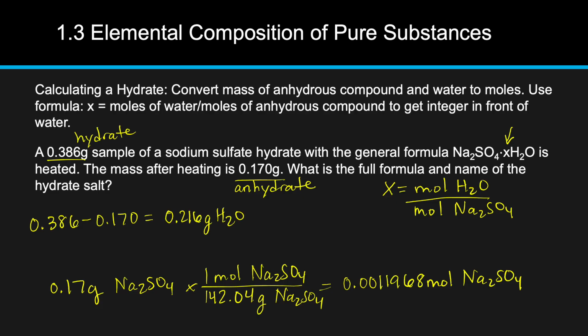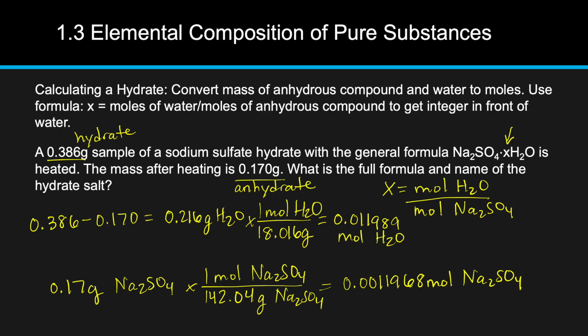Now we have our mass of water, and we need to convert that into moles of water. We know 1 mole of water is equal to the molar mass of water from the periodic table, which is 18.016 grams. So in our calculator, we would be doing 0.216 divided by 18.016. That's going to give us 0.011989 moles of water.